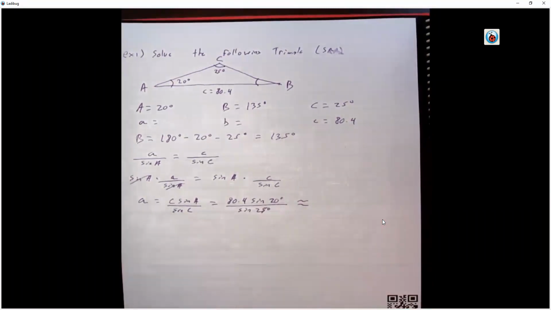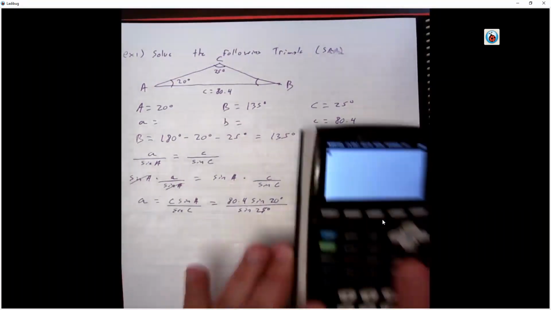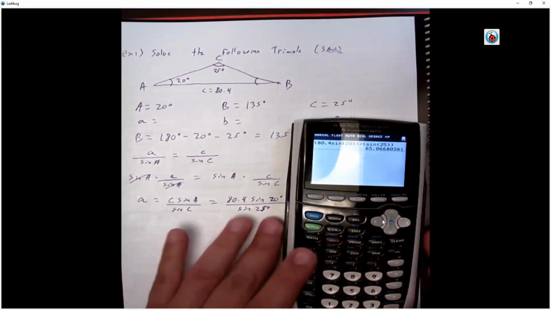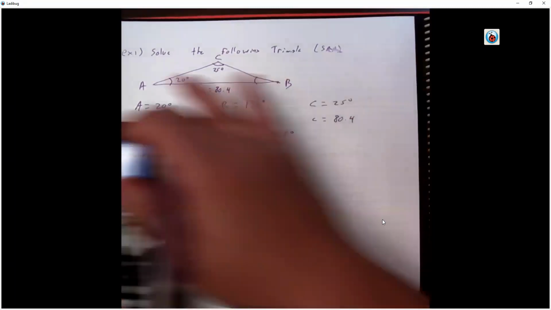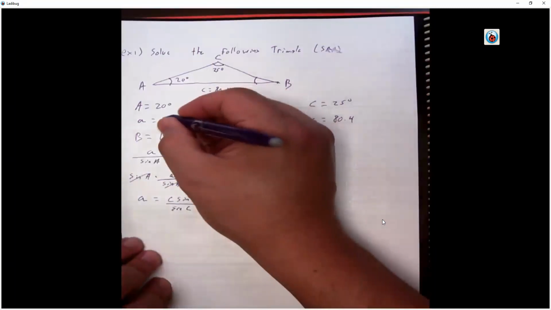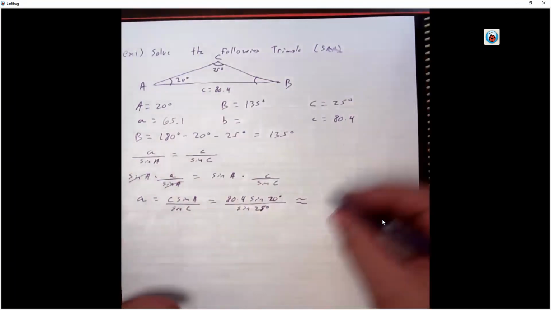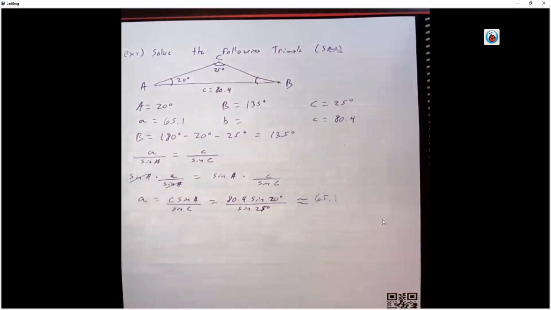If you have an older calculator, put everything on top in parentheses, 80.4 sine 20, divided by everything on the bottom, sine 25. Should be 65.06. We'll round to the first decimal place, I guess. So little a is 65.1. Any questions on this first step here?